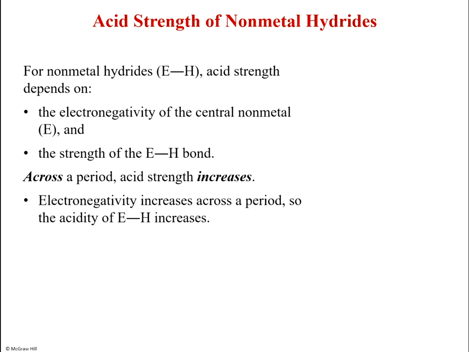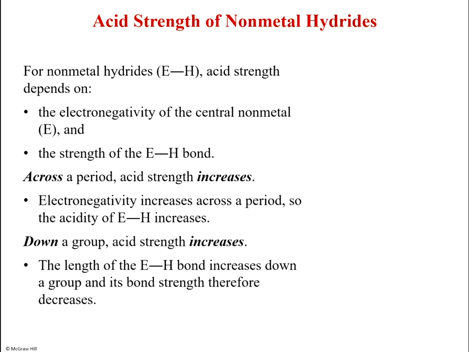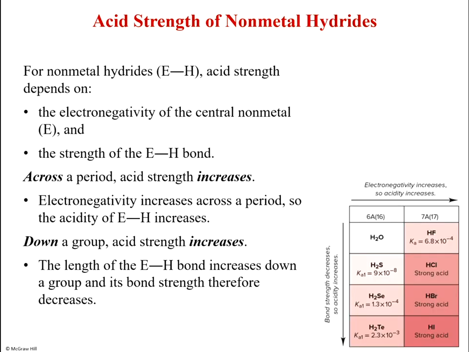So if we go across the period, we know that the electronegativity increases so that the acidity of the EH increases. As we go down a group, the acid strength increases because the length of the EH bond increases going down a group, and its bond strength generally tends to decrease.